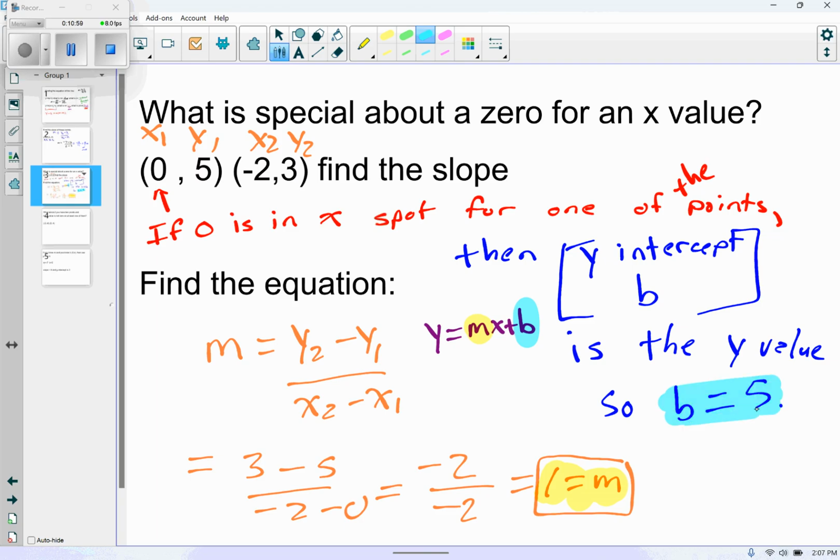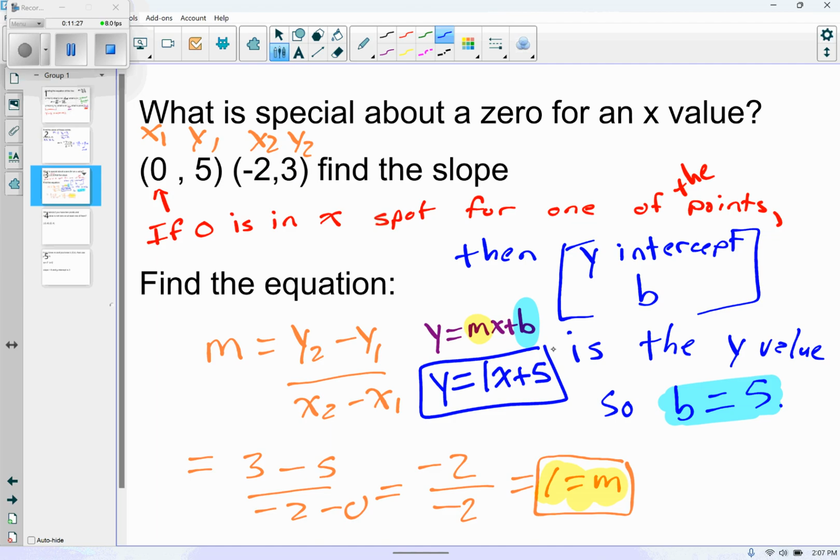So I know the slope. I know the y-intercept. Agree? So if I plug into this equation, y equals 1x plus 5. That's my equation. This is the linear equation that would involve these 2 points. Okay?